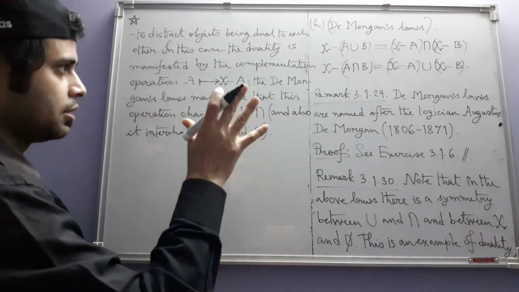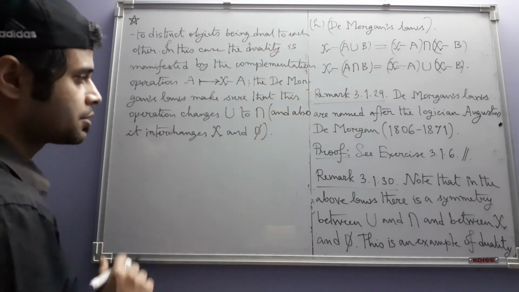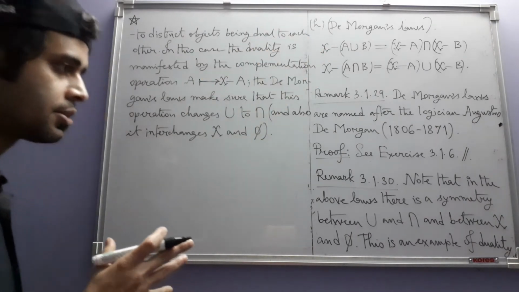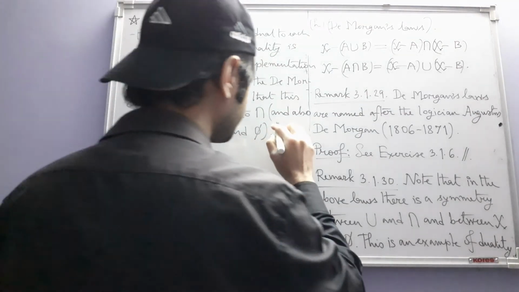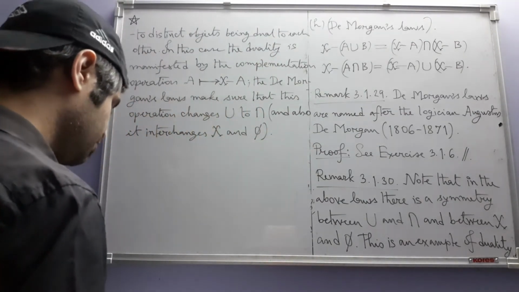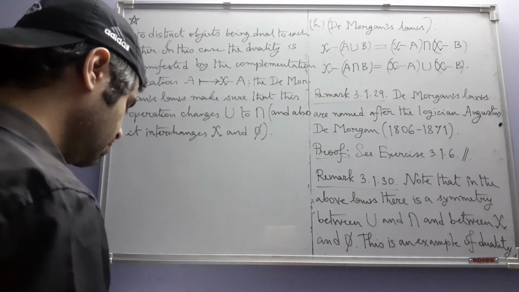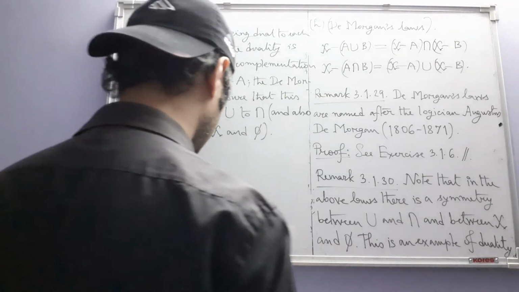Now, the statement of this previous proposition says that sets form a Boolean algebra, right? And that is named, of course, after the mathematician George Boole.